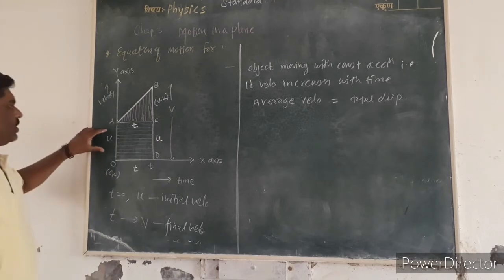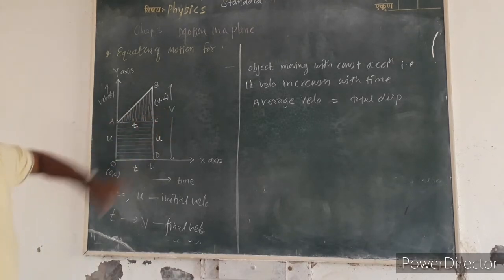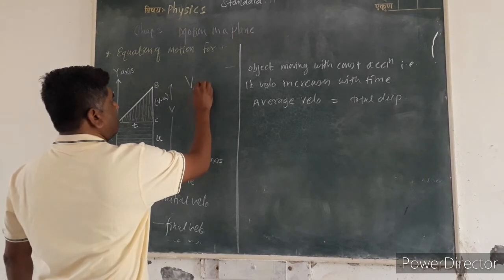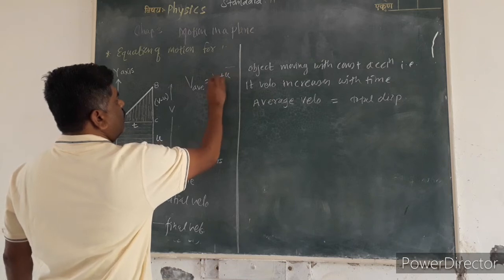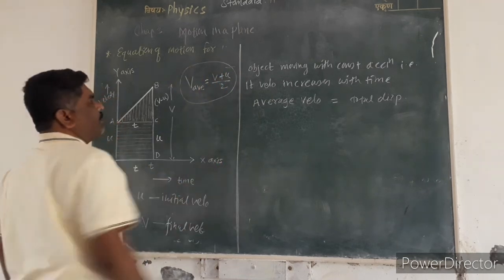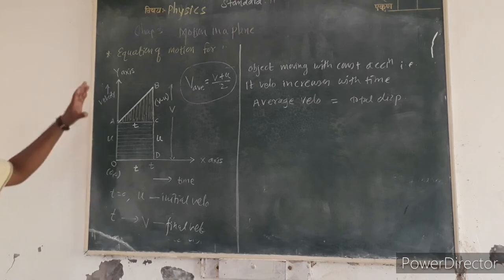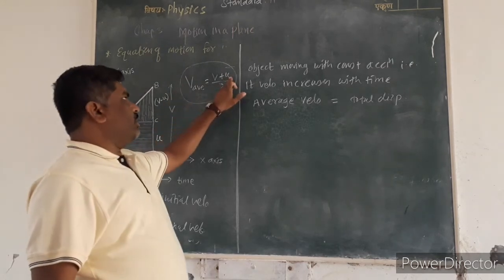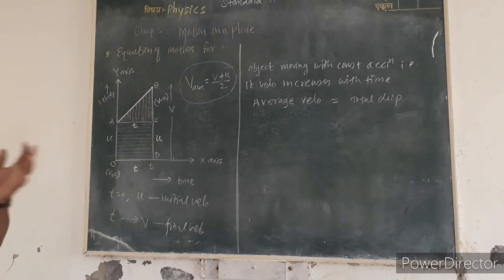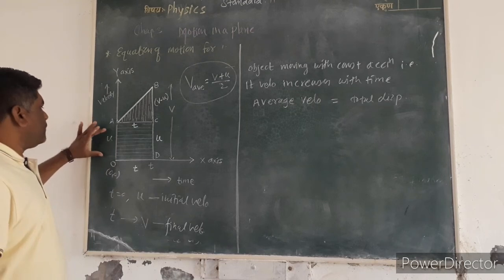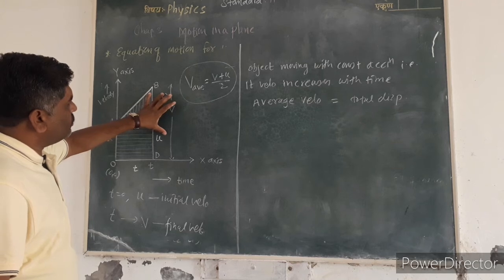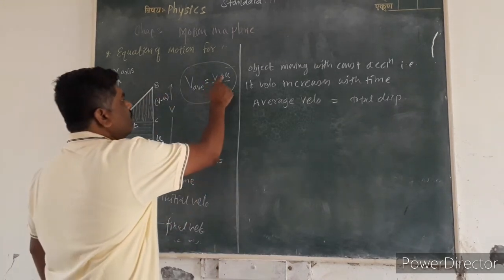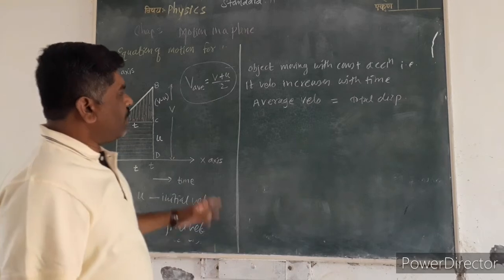There is initial velocity u and final velocity v, then v average is equal to v plus u upon 2. We call it the average: final velocity plus initial velocity divided by 2 gives the average velocity.